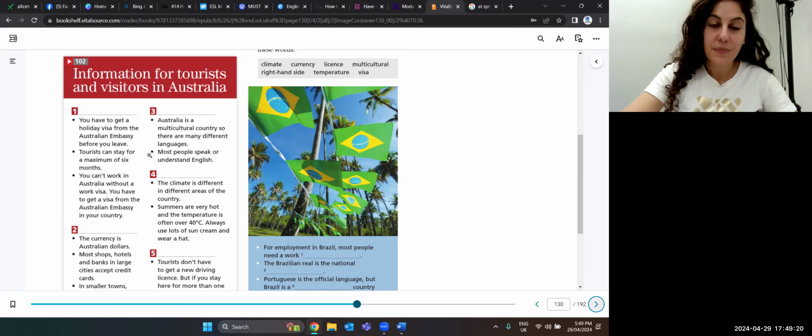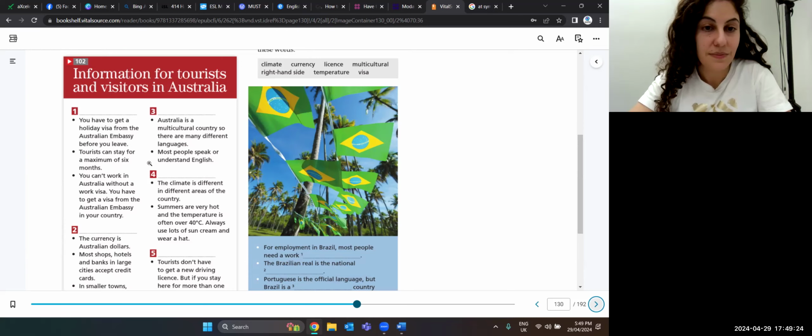Most people speak or understand English. Number 4, the climate is different in different areas of the country. Summers are very hot and the temperature is often over 40 degrees. Always use lots of sunscreen and wear a hat.